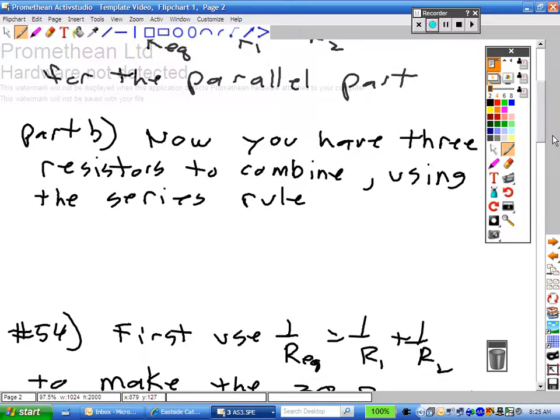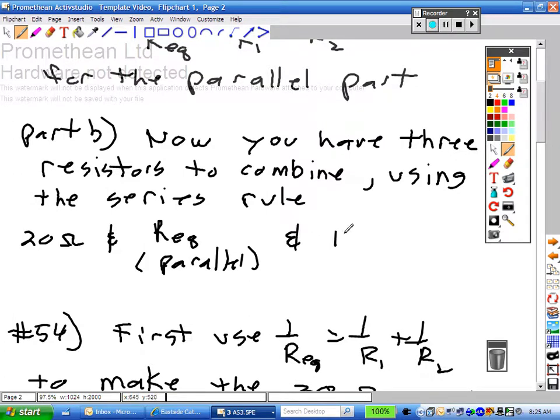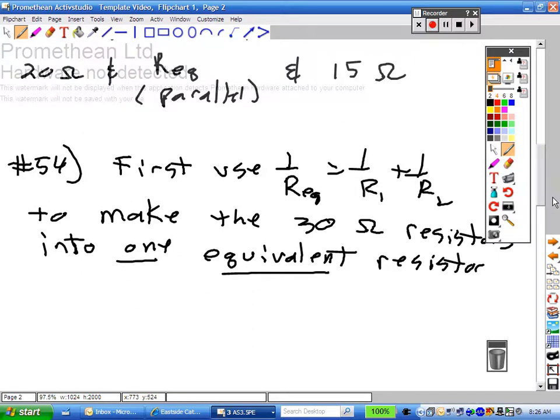You have a 20 ohm resistor that you see there in the circuit, and you're going to combine that with the equivalent resistance R_EQ for the parallel resistors, because they're now one pretend resistor. And finally, you're going to add to that a 15 ohm resistor. That should help you on number 52.